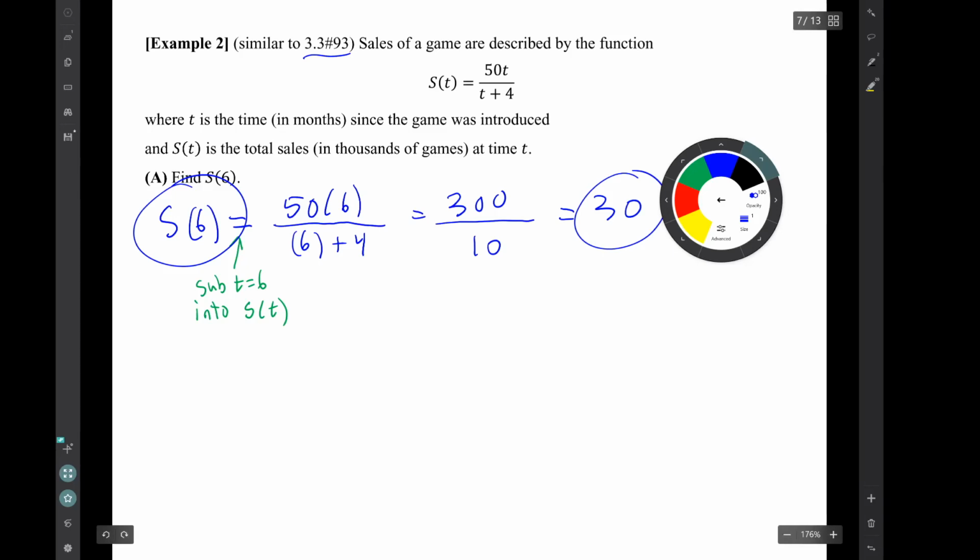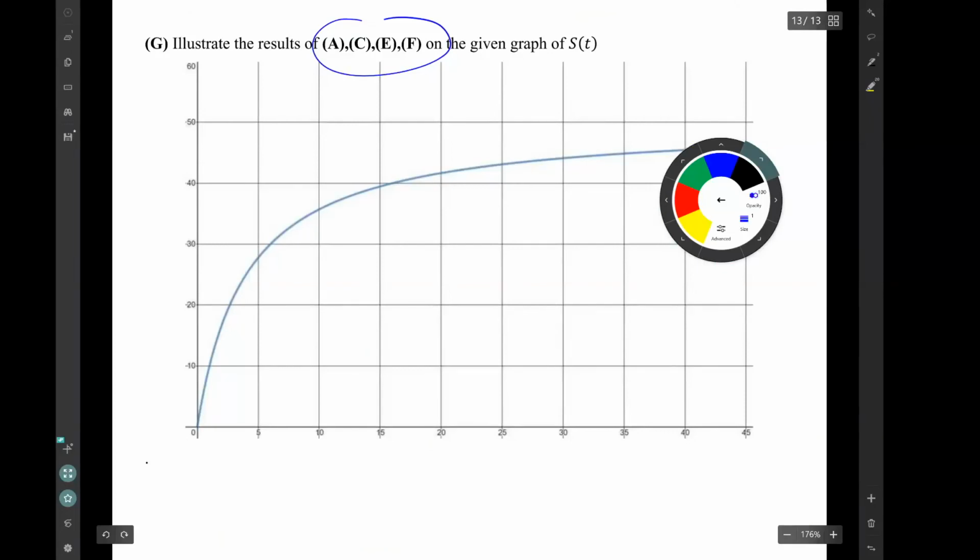That'll be illustrated by putting a point on the graph that has t coordinate 6 and y coordinate 30. And we should label the graph with the formula, 50t over t plus 4. So there you see is our point with coordinates 6, 30. It's right on this grid line where the coordinate is 30.